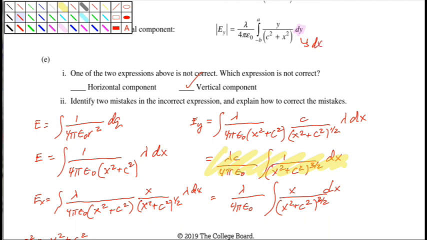We can get rid of this y up on the top because this is at point C, so this could change to c. And then we also need to change the exponent on the c squared plus x squared to the 3/2. Those are three things that we can do to make that y component correct.